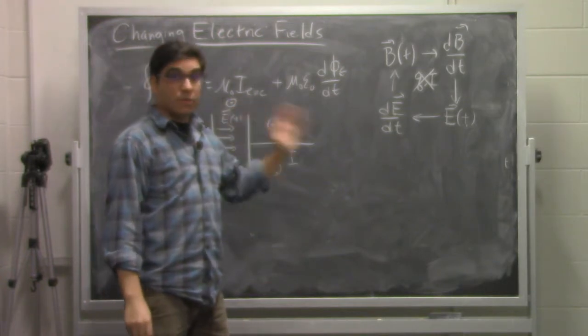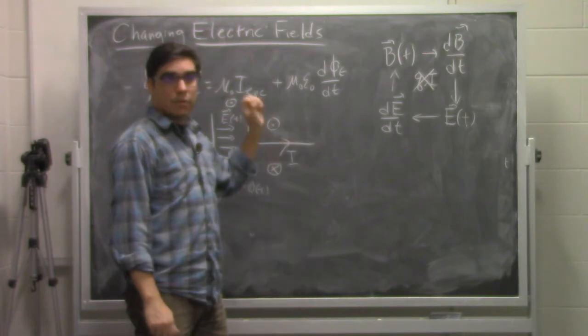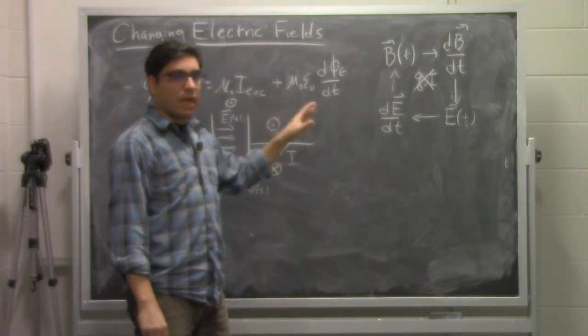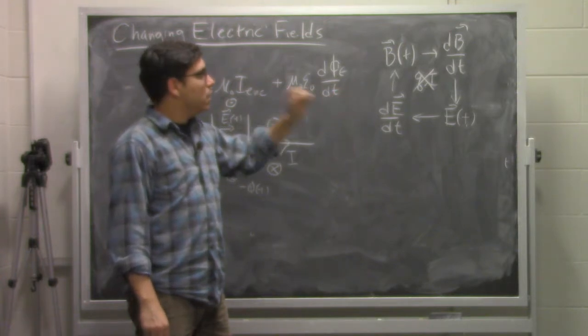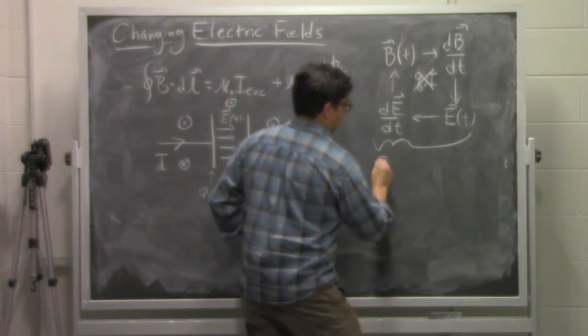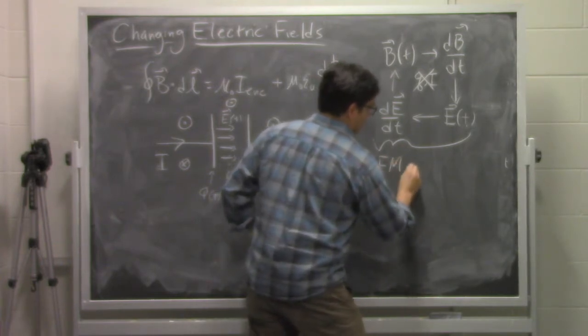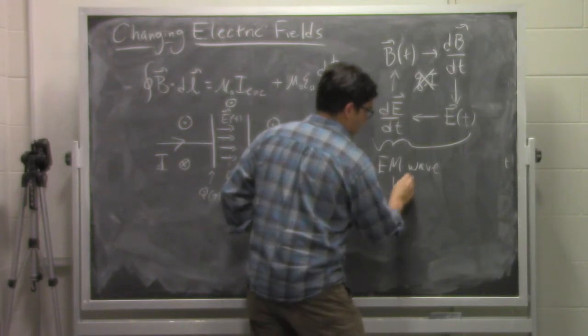Now, they were needed to start the situation. You had to have some charges and currents generate the initial magnetic or electric field. But once that happened, this is a sort of self-propagating situation. And so this is exactly what we would refer to as an electromagnetic wave, or what you might think of as light.